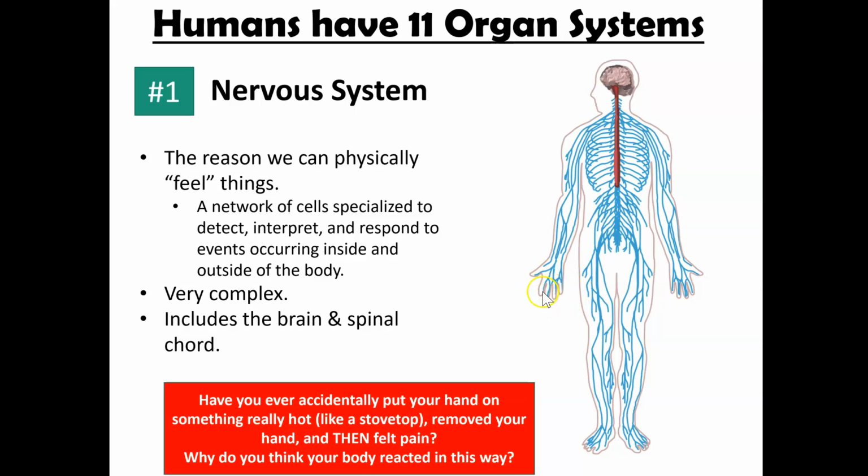The information that you've touched something really hot goes very, very quickly to your brain, and your brain coordinates that information and knows that you've done something dangerous to your body, and it coordinates a response, basically making your muscles contract to move your arm away.